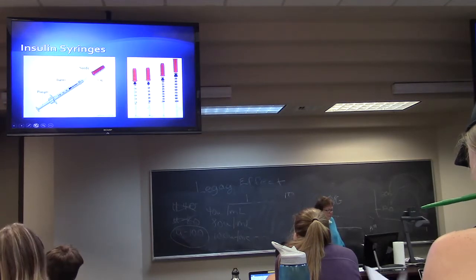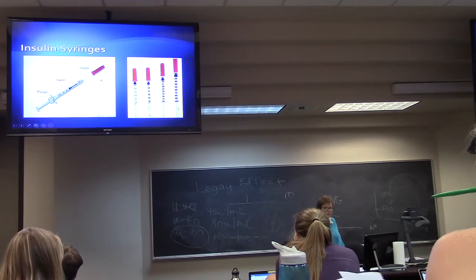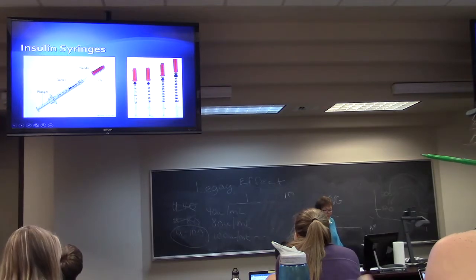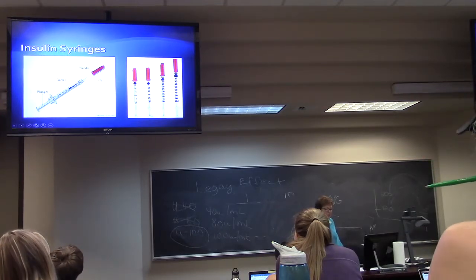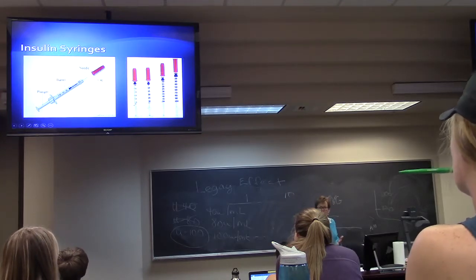Okay. These are pretty standard. This syringe will hold 100 units of insulin. This one is called a low dose. It will hold 50 units of insulin. This one will hold 30, they make a 25.